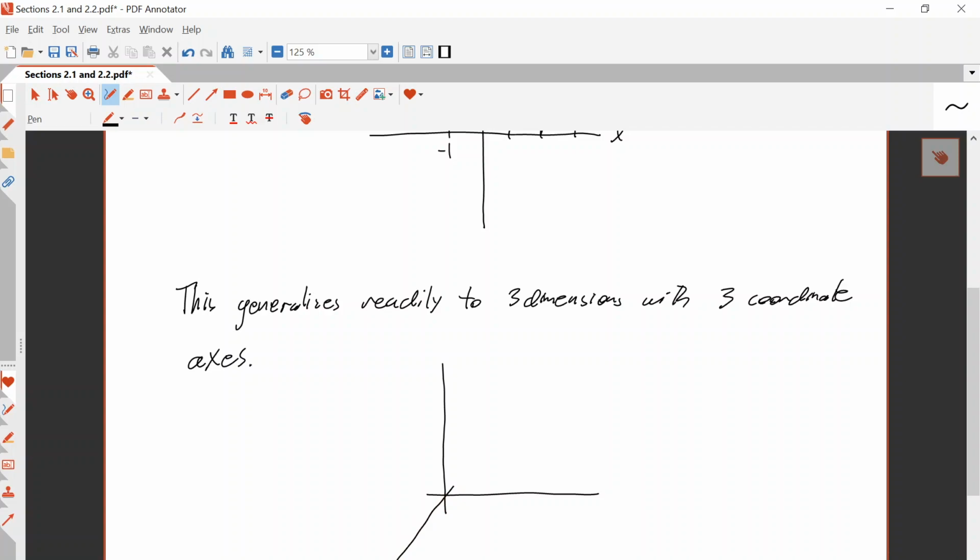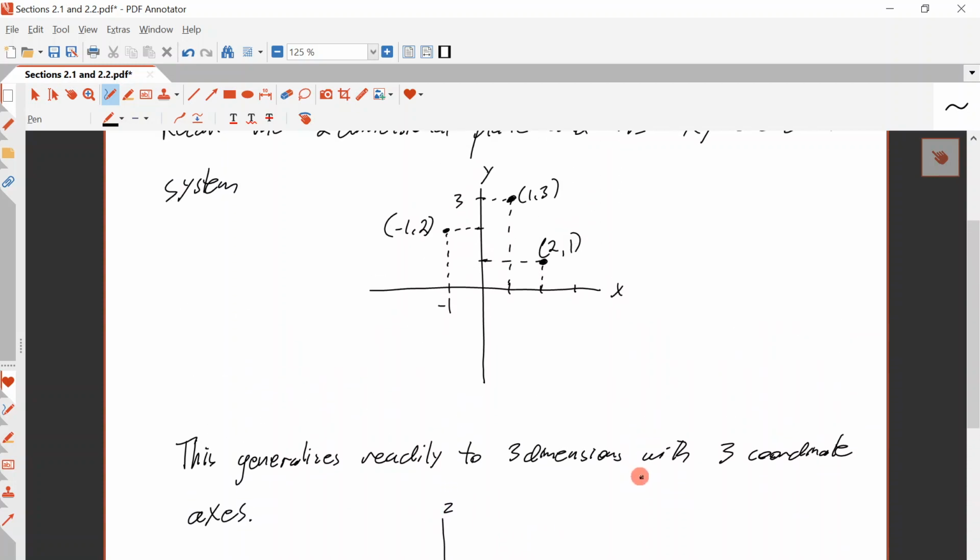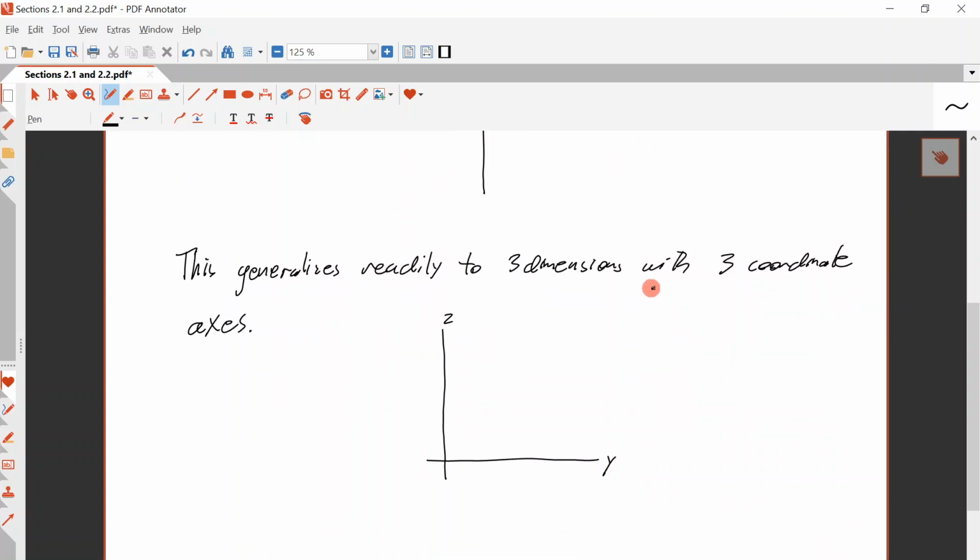We think of this as the x-axis, this is the y-axis, and this as the z-axis. And you kind of have to imagine that the y-axis and the z-axis are on the page, and they're perpendicular to each other, just like the y and the x here. But this is y and z. And then the x comes straight outward from the page, so that the x is perpendicular to the y-axis, and the x is perpendicular to the z-axis. And of course, these are perpendicular to each other.